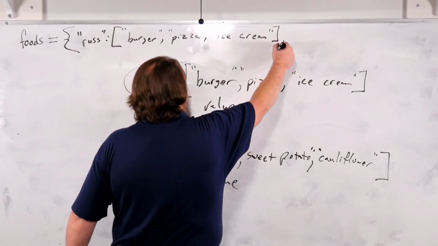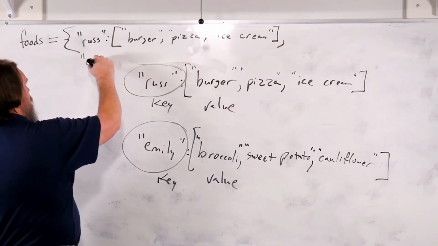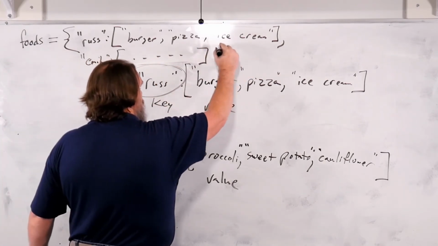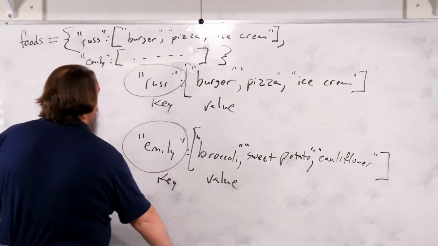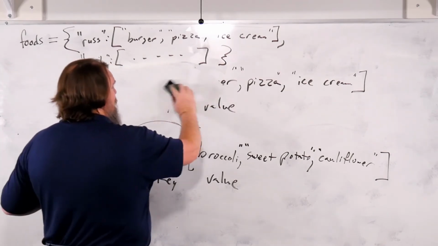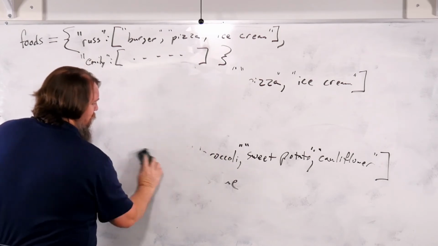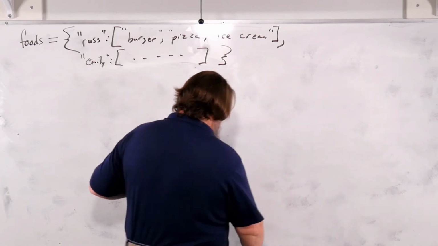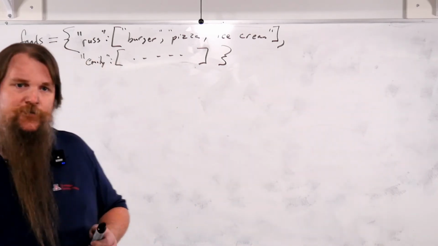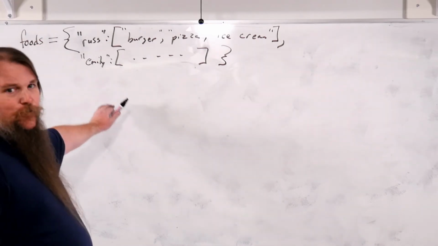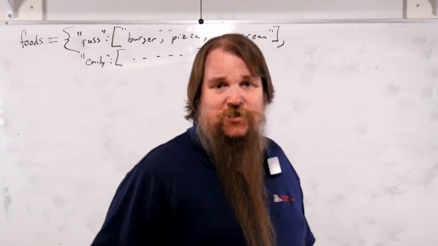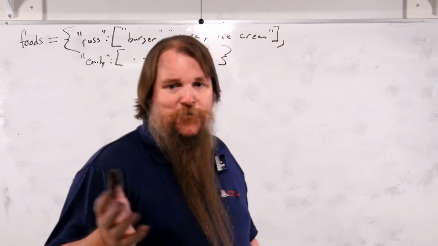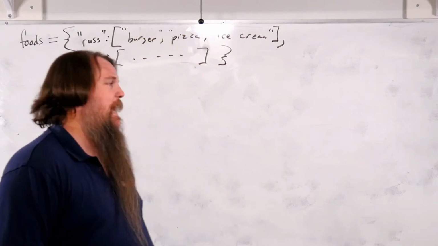And Emily, likewise, maps to a different array of strings. Now this is a multidimensional data structure the same way that our previous one was, isn't it? We've got a dictionary data structure, and the contents inside the dictionary are a different type of data structure, in this case an array. That's perfectly valid. Python is 100% happy with this.